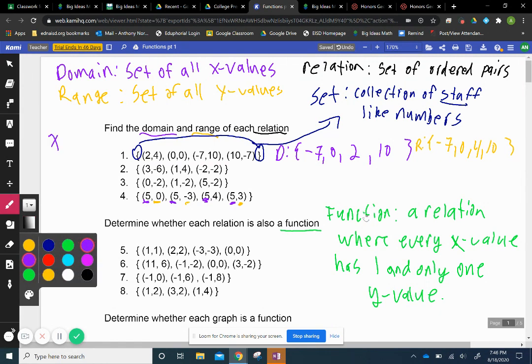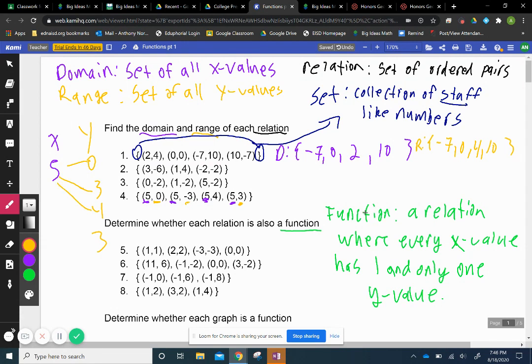We're going to have our x values here, 5. You're only going to write each x value once. And our y values here, you have 0, -3, 4, 3. Notice that this x goes to multiple y's. That means it's not a function.